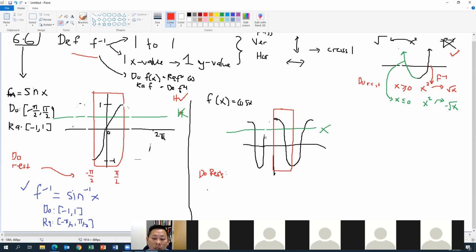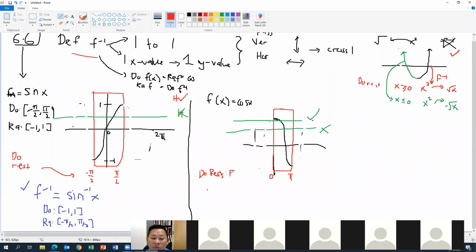We do this because once you erase everything else from the graph of cosine, it will pass the horizontal line test, since the horizontal line crosses at one point. So what is the domain restriction in this case? It is restricted from 0 to pi.